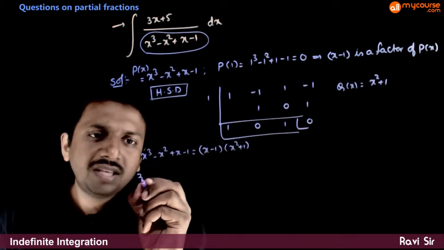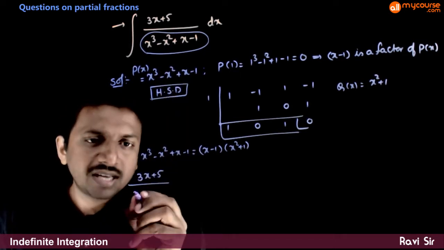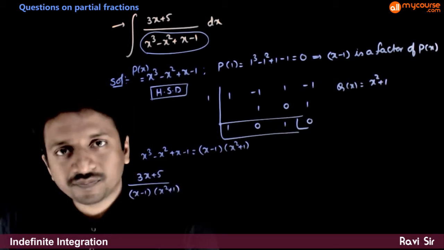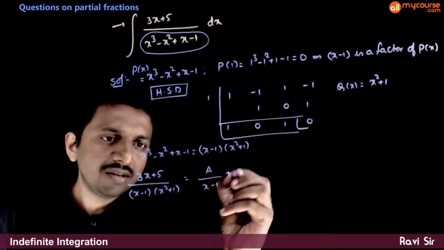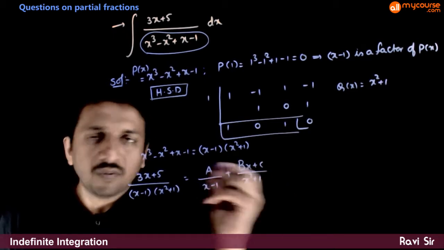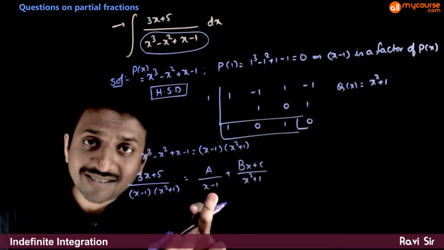So 3x plus 5 divided by this, x minus 1 times x square plus 1, can be split into a by x minus 1 plus bx plus c by x square plus 1. Here a can be found using a shortcut, just by putting x equal to 1.